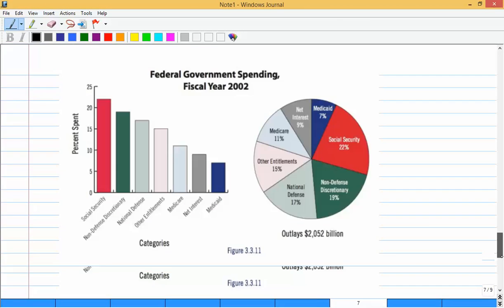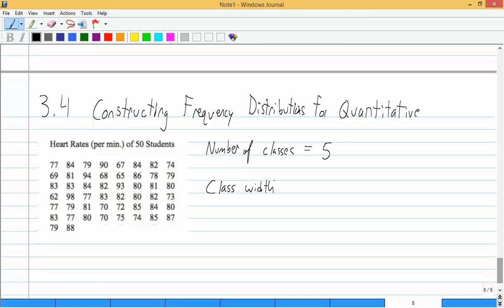So this is if you were constructing your frequency distribution. The class width is the largest value minus the smallest value divided by the number of classes.